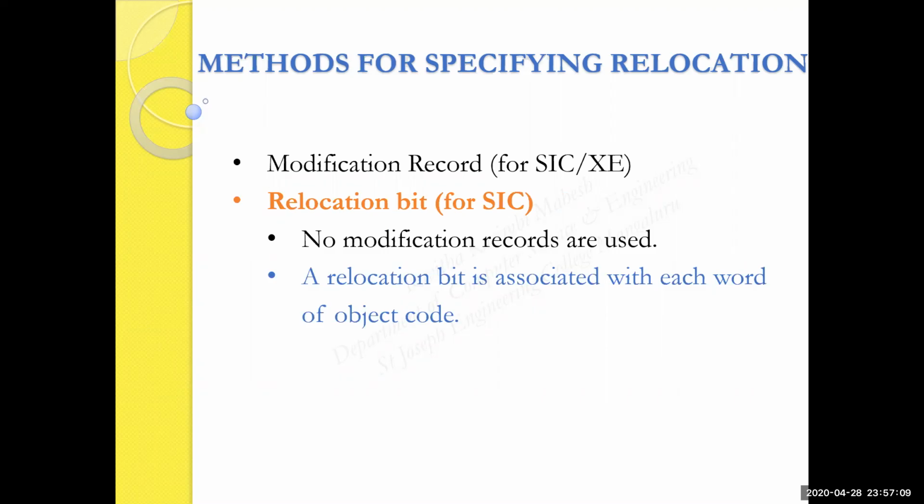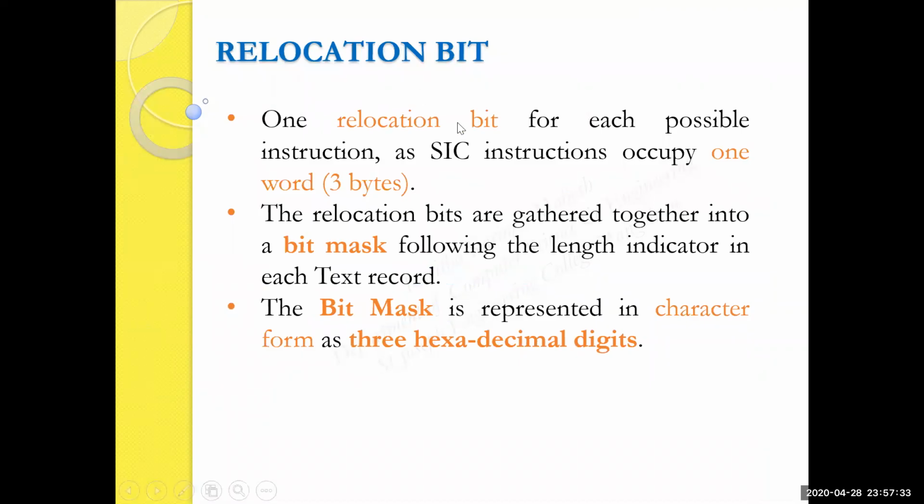The alternate technique for specifying relocation is the relocation bit technique. In this scheme, any instruction that requires modification is indicated in the object program via a relocation bit. We use one relocation bit to specify whether an instruction requires modification or not.